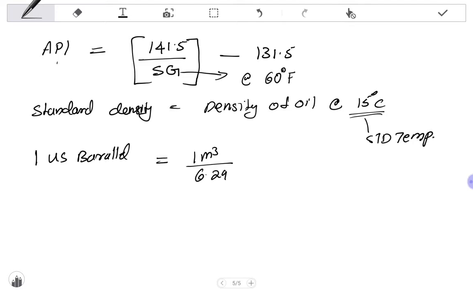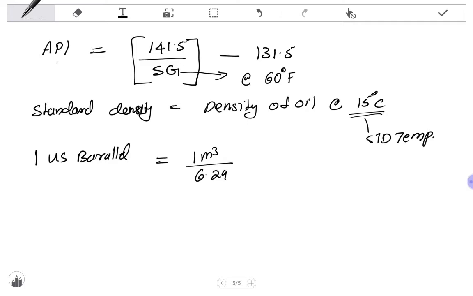Now, what is Fahrenheit? We all know 0 degrees Celsius is 32 Fahrenheit. Some people blindly add 32 to the degree Celsius to get Fahrenheit.